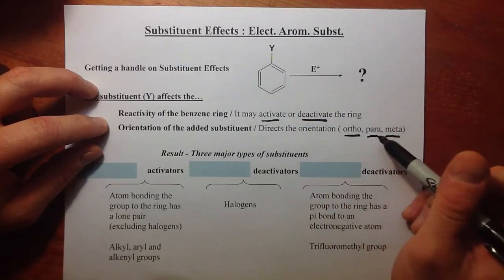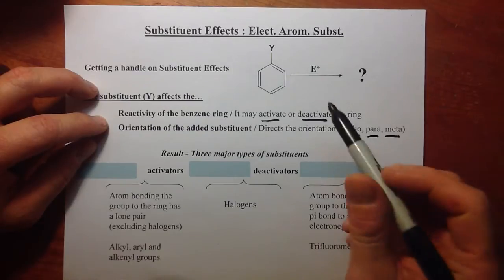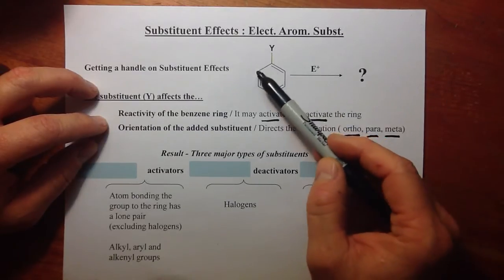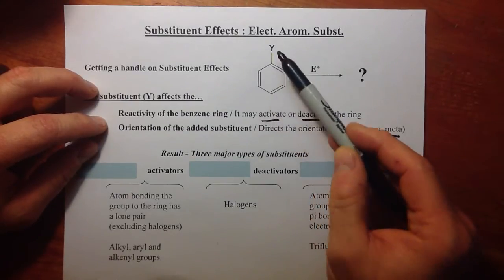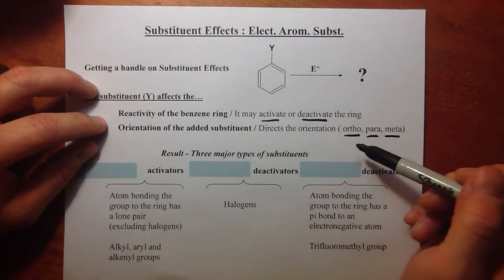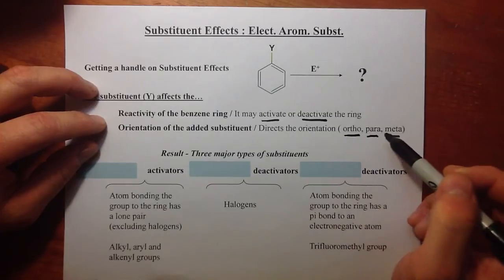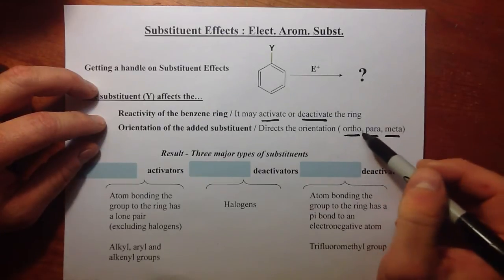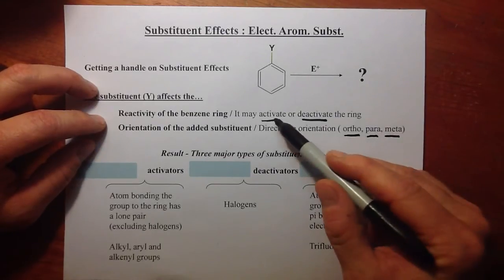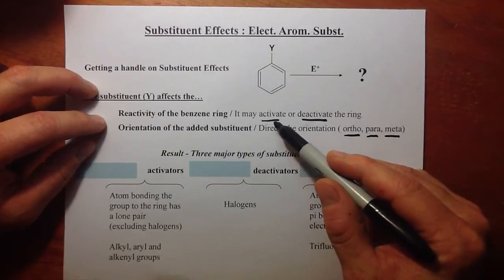So ortho, para, and meta relate positions to each other. If we're next to, 2 steps away, and across from Y, we're ortho, meta, and para in that order. I put ortho and para together because we'll find some of our activators direct things to the ortho and para positions.